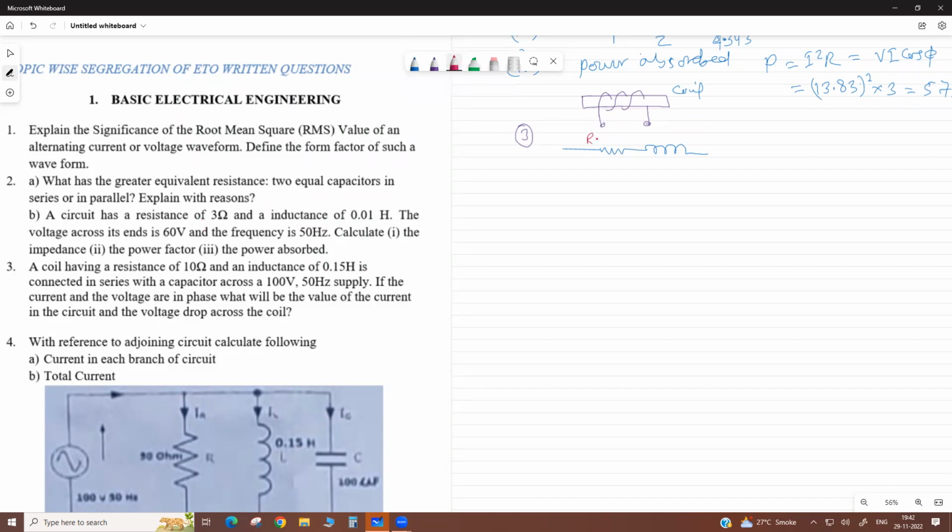This coil resistance is 10 ohm, and the inductor has an inductance of 0.15 Henry. This coil is connected in series with a capacitor. So suppose it connects with a capacitor here.